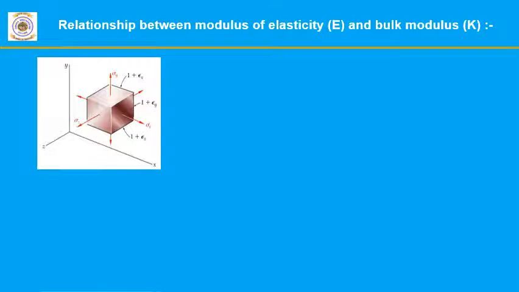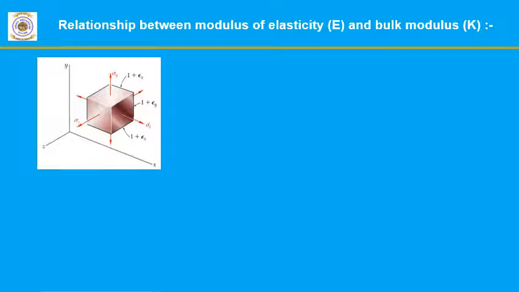So therefore the total strain along x direction. What happens due to the application of tensile stress across the x-axis, there is a compression which takes place across y-axis and compression which takes place across z-axis.